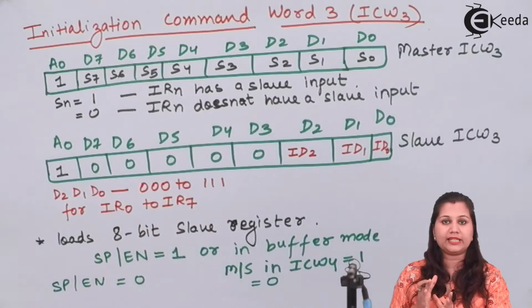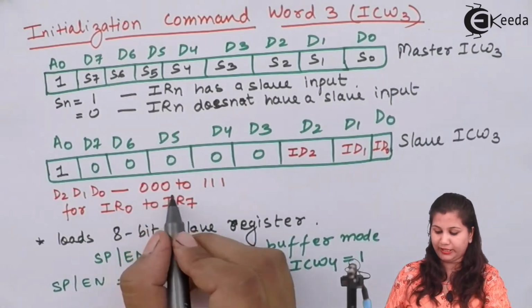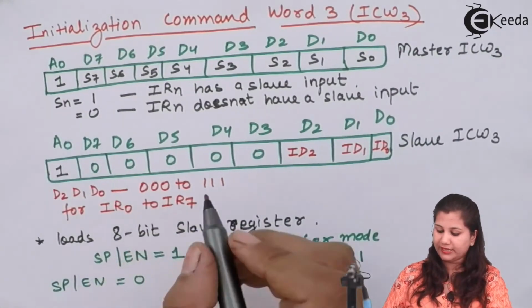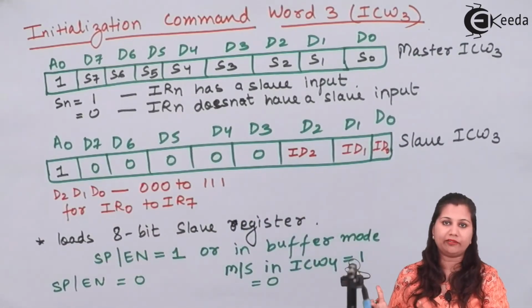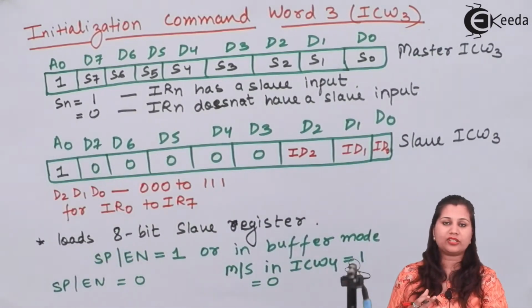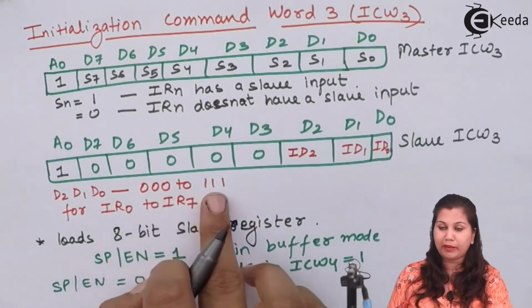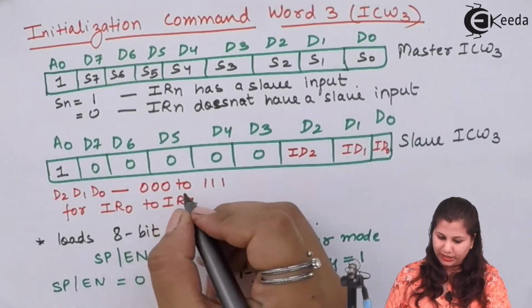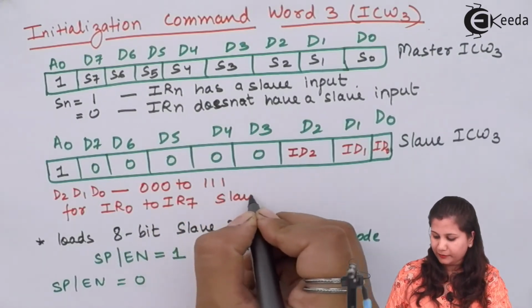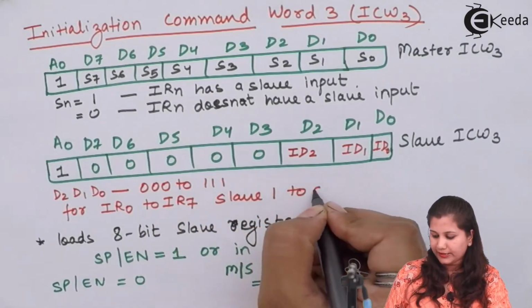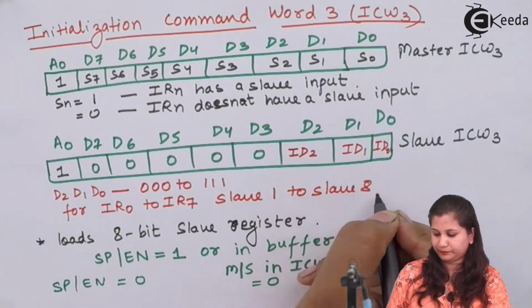Okay, for the 8 interrupt requests, it can have the 8 combinations, or we can say that we have the 8 slave inputs. So which slave register or which slave input is selected is decided by these 3 bits. So we can say that these are the bits for slave 1 to slave 8.